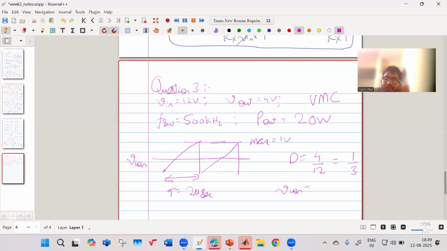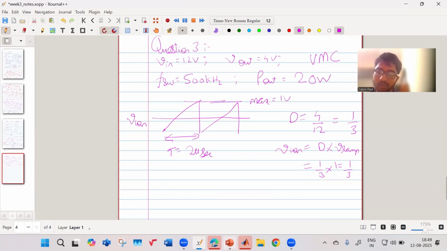Vcon by VRAMP is 1/3. So your Vcon will be D into the maximum of your VRAMP. So 1 by 3 into 1. Your Vcon will be 1 by 3 volt, or 333.3 millivolt. Okay. So that is your Vcon. A very simple thing.